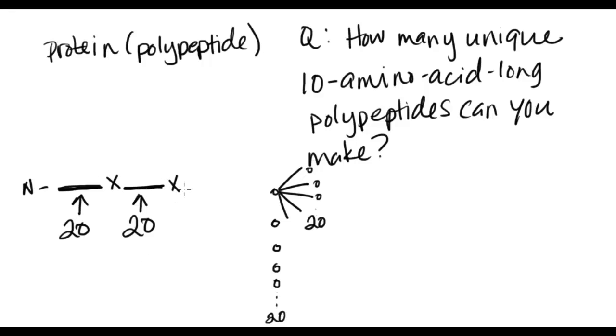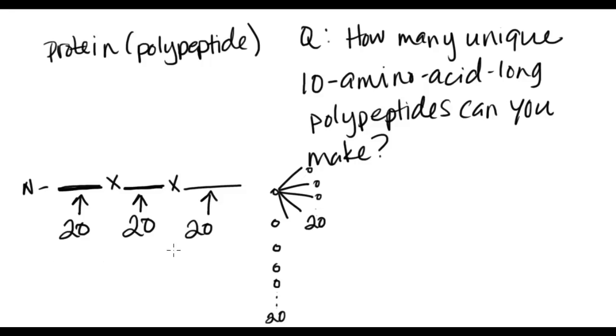Then when we get to the third, we have another 20 possibilities. So for each of these, we could have 20 possibilities branching off. In other words, for each slot, we have 20 possibilities. So by adding a slot, we multiply the number of possibilities by 20.